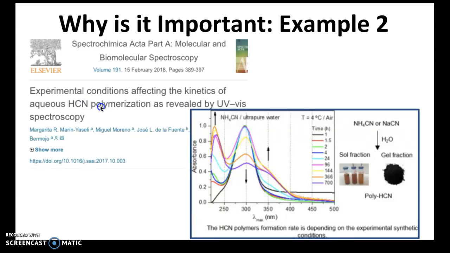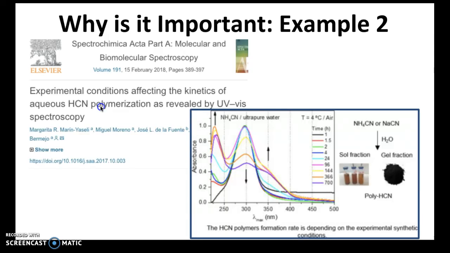What they're doing here is using this technique, UV-vis spectroscopy, to study the polymerization of HCN, or hydrogen cyanide, and they're figuring out which conditions will affect the kinetics, or rate, of that reaction.